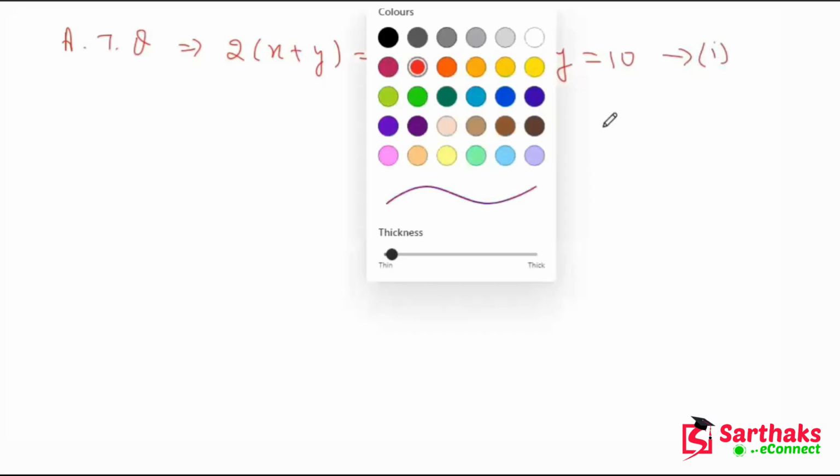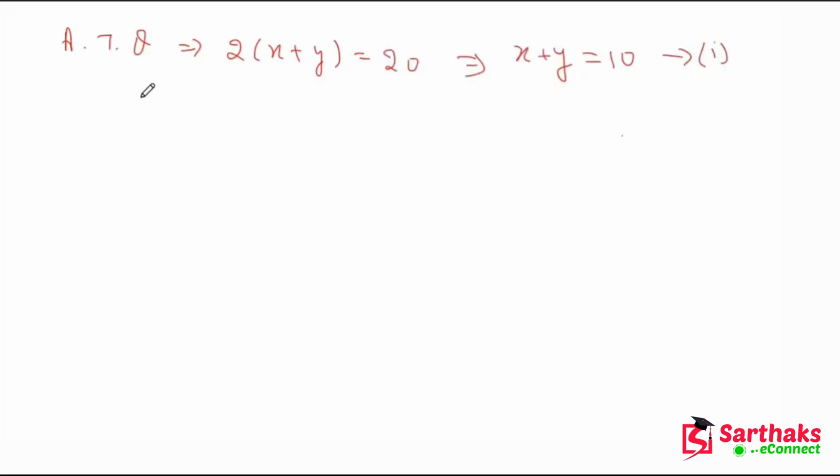Okay guys, now 2 into x minus y is equal to what? Yes, is equal to 4. Then we get x minus y is equal to what? Yes, is equal to 2. This is our second equation.